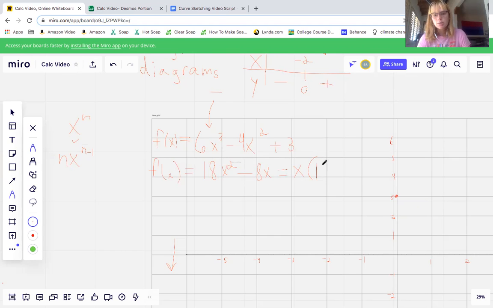The answer is 18x. Then we go to the second term. What does x have to be multiplied by to get negative 8x? The answer is negative 8. We can check our work. 18x times x is 18x squared, and negative 8 times x is negative 8x. So that checks out. Basically what I'm saying is these two expressions are equivalent.